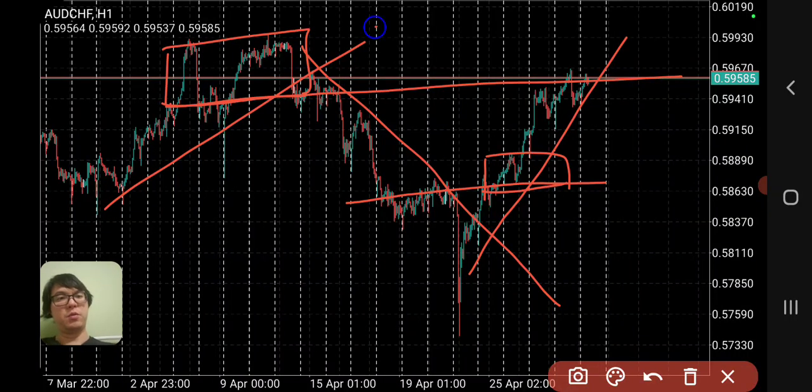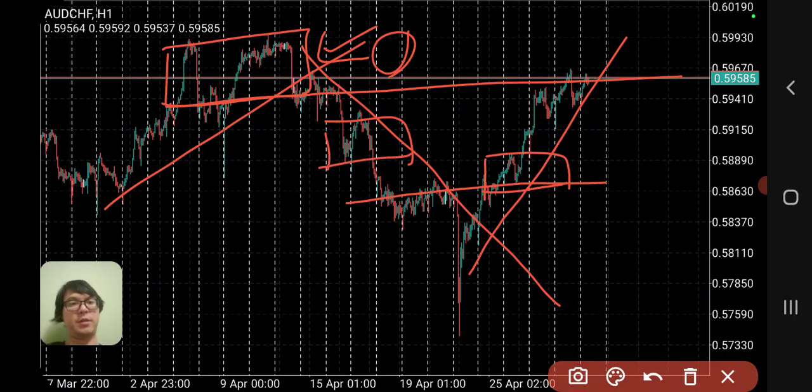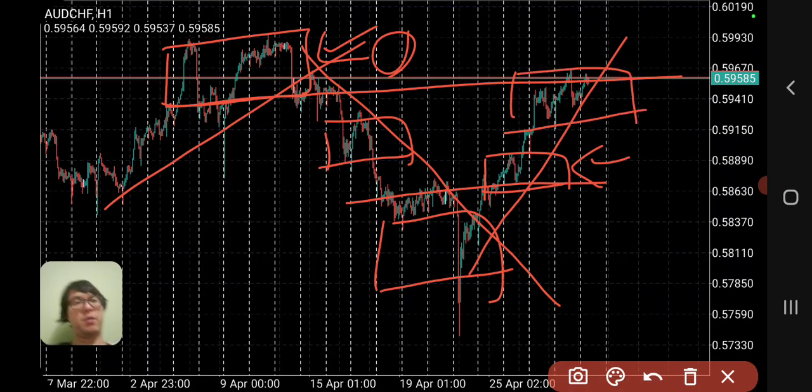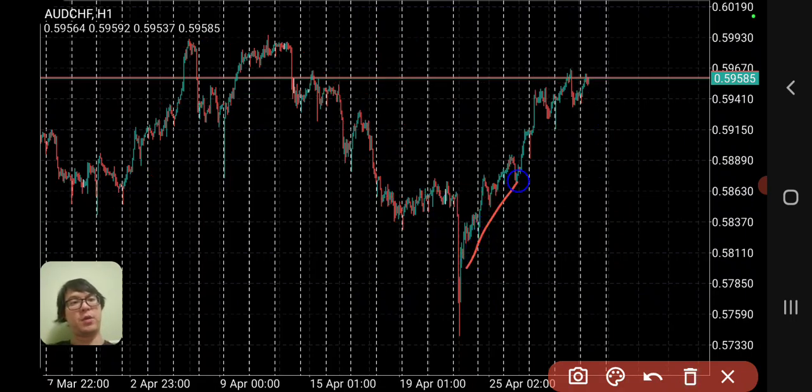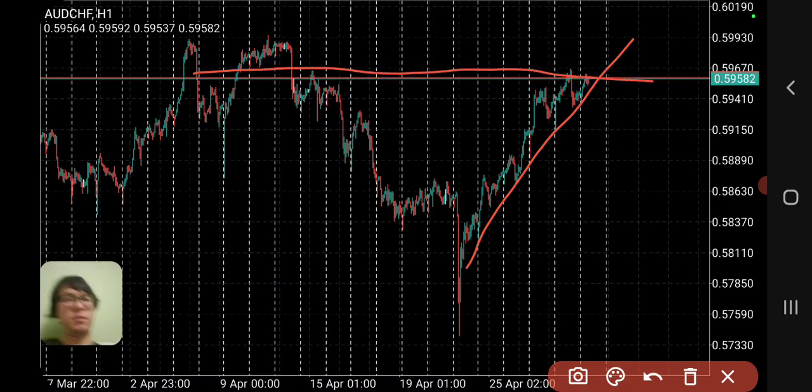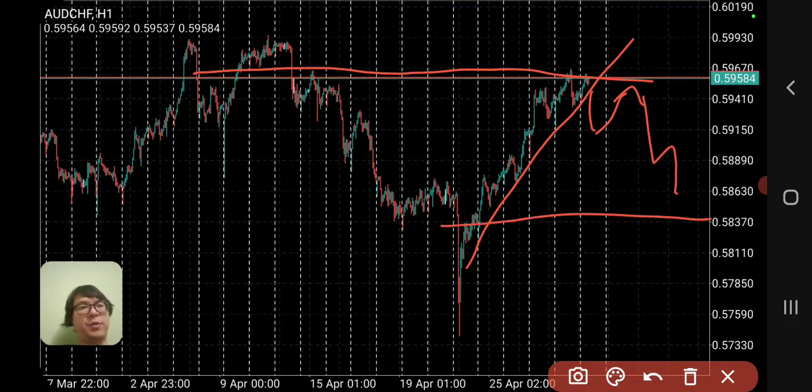So dimension 1, dimension 2, where it's retesting the resistance, dimension 3, creates the bottom, dimension 4, where we have the consolidation, retesting support, we hit the dimension 5. As long as the trend line hasn't broken, we are not going to look for any short yet, because at the resistance we are expecting a breakdown, retest right here before it moves down. This is why we want to see the entries, but at this point, no trade.